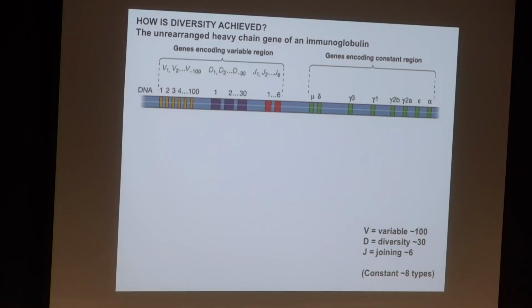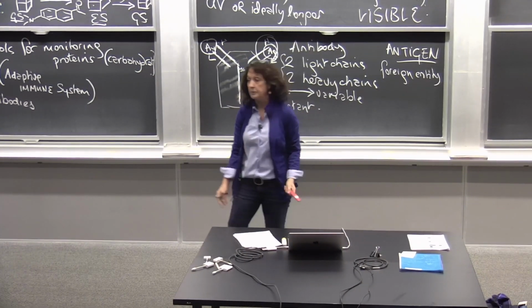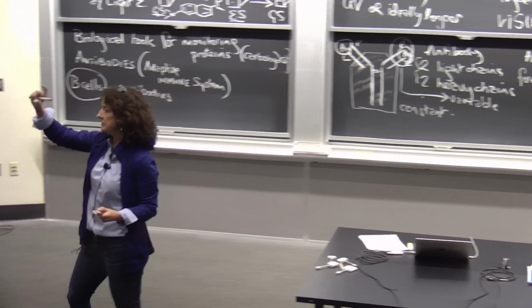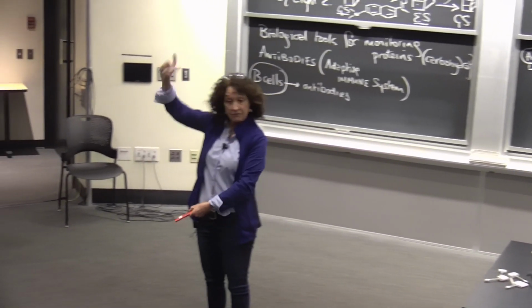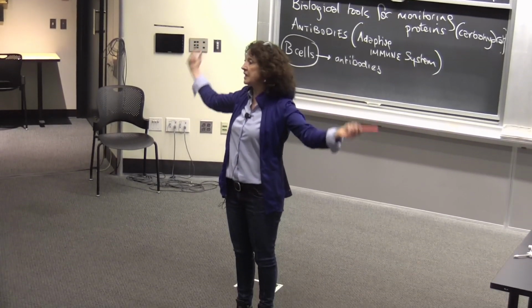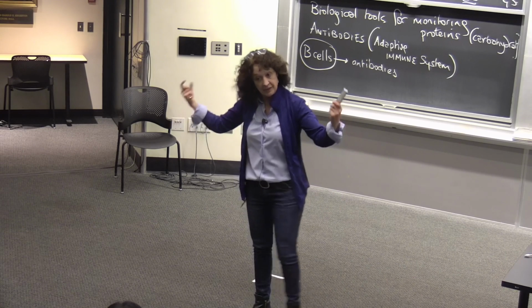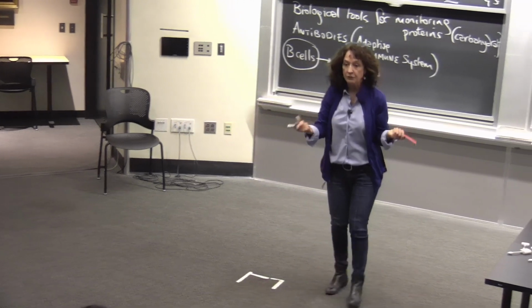All right, so how do you achieve the diversity? There are hundreds of thousands of different antibodies in the human system. If we had a gene for every single different light chain and every heavy chain, our DNA would be completely swamped by being dedicated to the genetic material for antibodies.